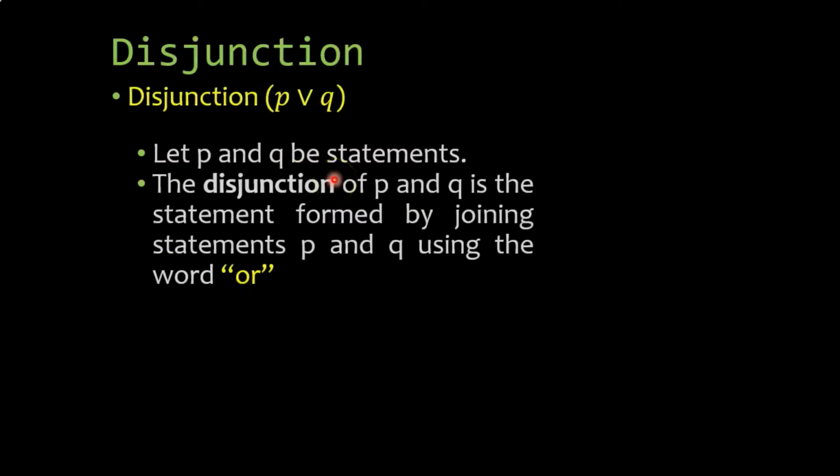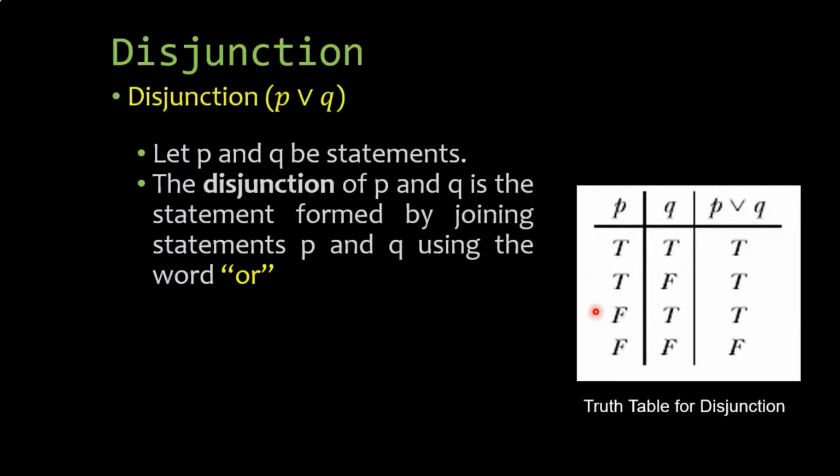Disjunction. Disjunction has the symbol of P or Q. Let P and Q be statements. The disjunction of P and Q is the statement formed by joining the statements P and Q using the word OR. This is the truth table for disjunction. If P is true and Q is true, then P or Q is true.